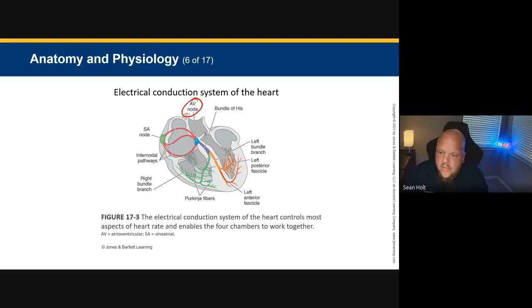So if we're feeling 60 beats a minute on the wrist, that's 60 of that top bottom contraction. All right. The atrial kick, the top of the heart, is giving that kick of extra blood to fill up the top and top off the ventricles before the ventricles contract. Okay. So that can actually increase our stroke volume, if you remember that term, by 20%. Right.